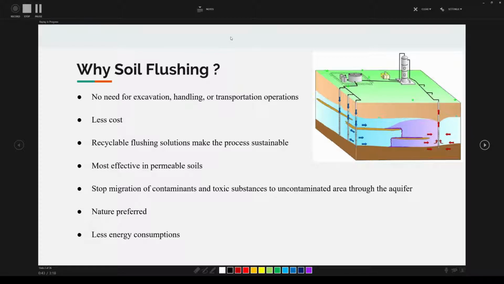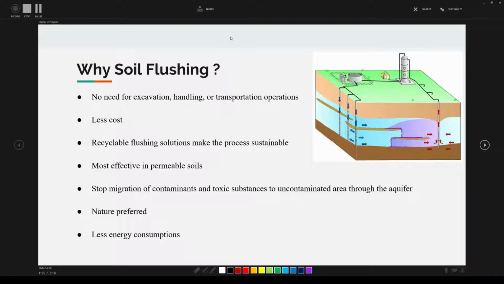And after the treatment time, the extraction well will extract those flushing solutions with the contaminants removed up to the ground facilities into a large column tank, which is a storage tank, and then will be delivered to a round tank for wastewater treatment. And this is just a simple illustration for the field implementation and its mechanism.